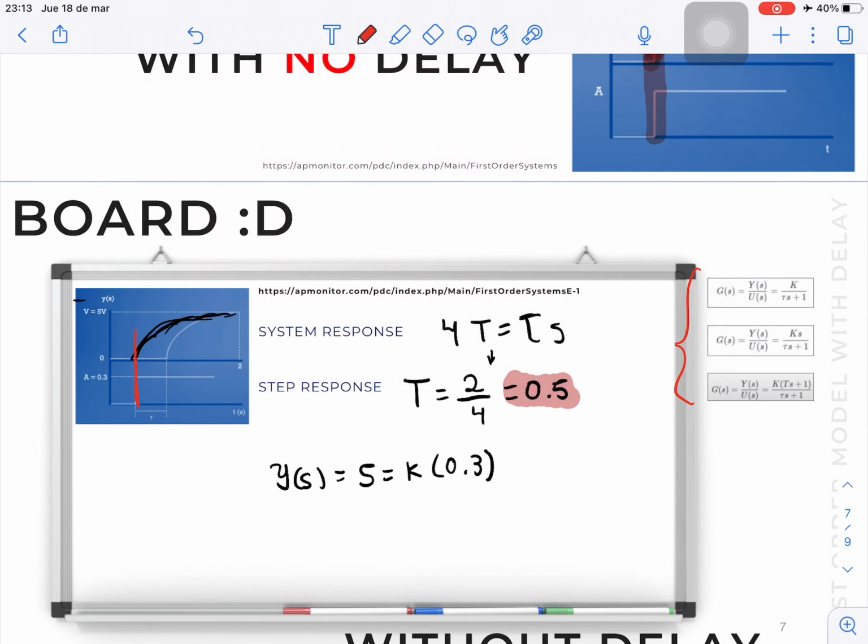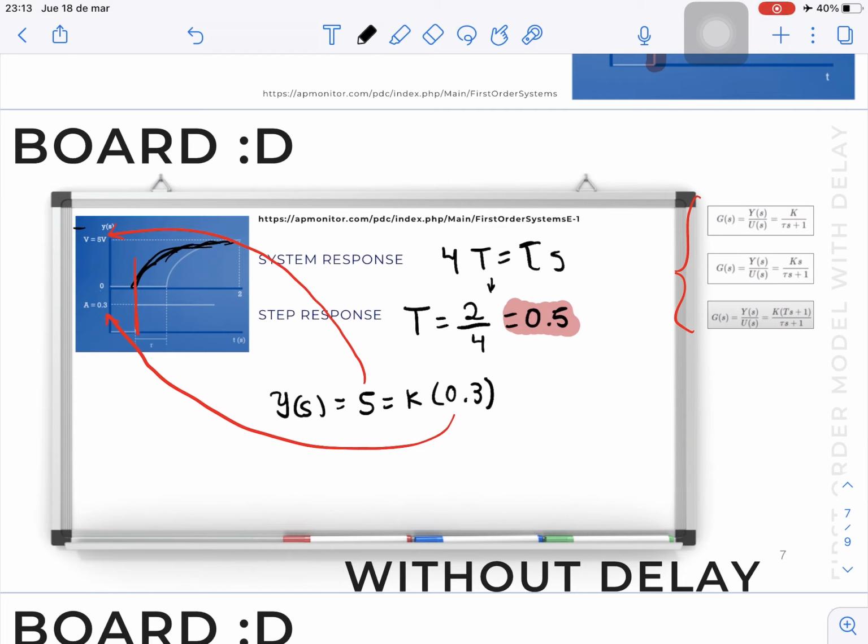In this case, we can see that this value is this one and this is this one, and if we make these calculations, we determine that our k is equal to 5/3. As you see, these kinds of processes are very easy to determine, so we have no problem converting a system without delay to a system with delay. We have another variation in this kind of systems.